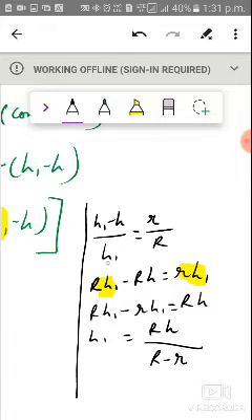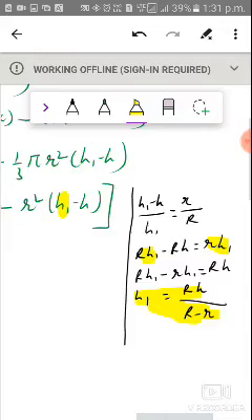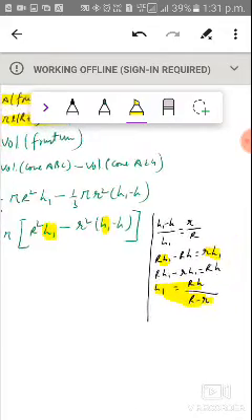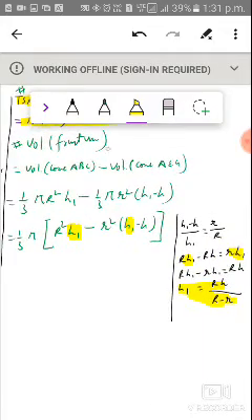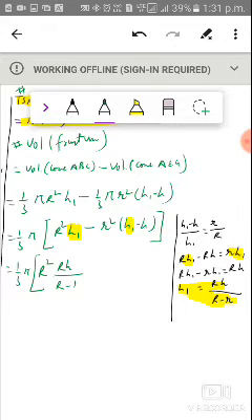So this is the value of h1, which we are going to put wherever h1 is there. So this is 1 by 3 pi capital R square h1, where h1 is capital R small h by (capital R minus small r), minus small r square.